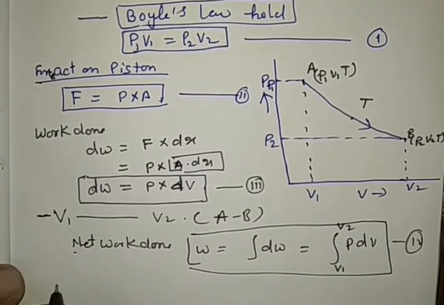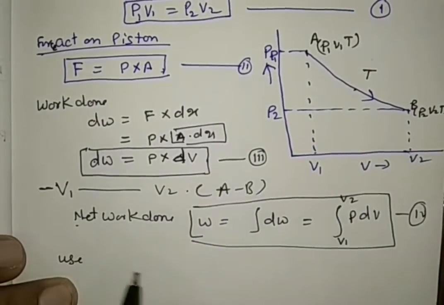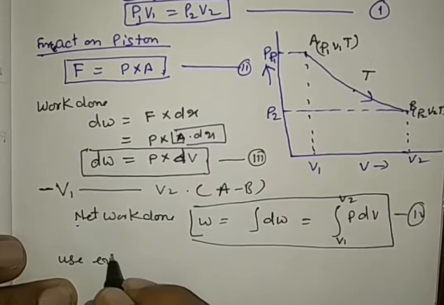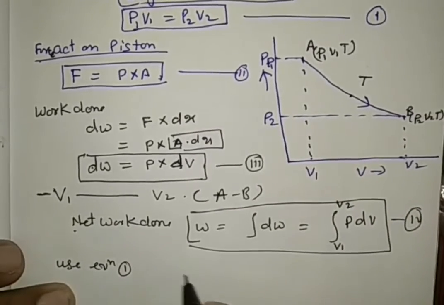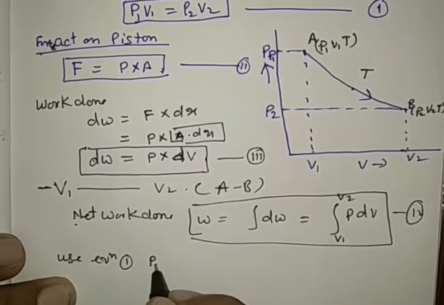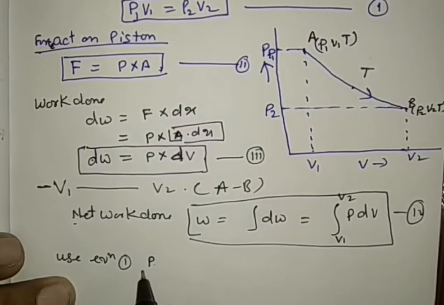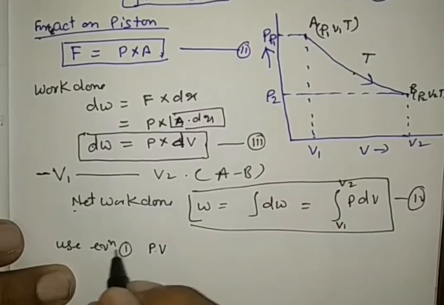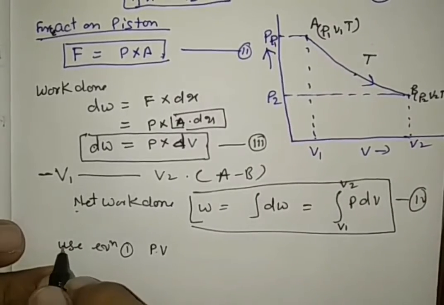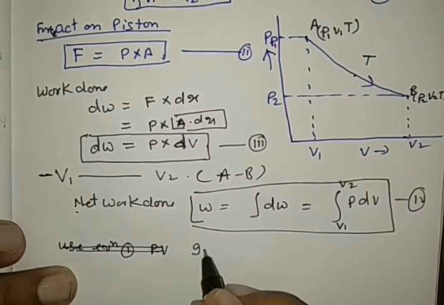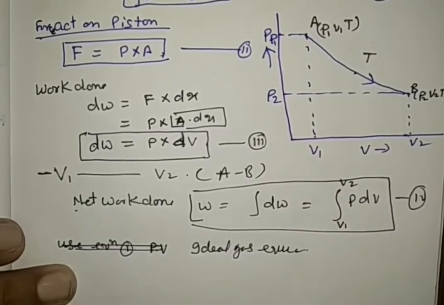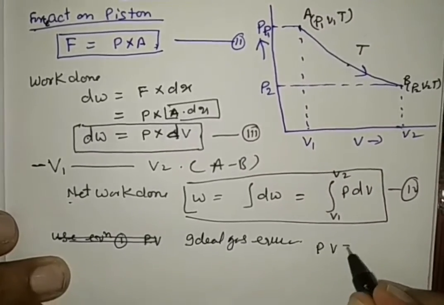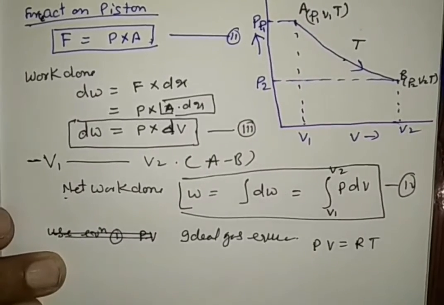But when we use equation 1, that is Boyle's law holding in this case, let us take the ideal gas equation. It is PV is equal to RT.